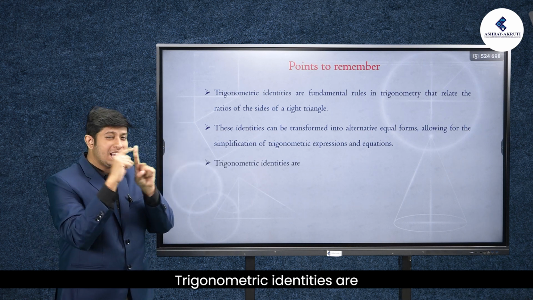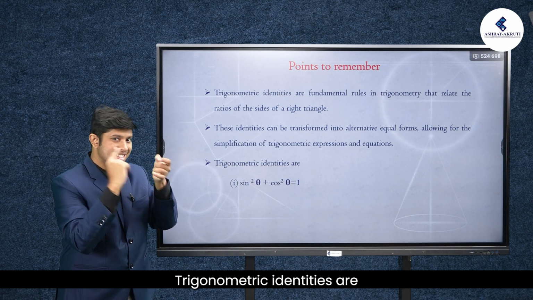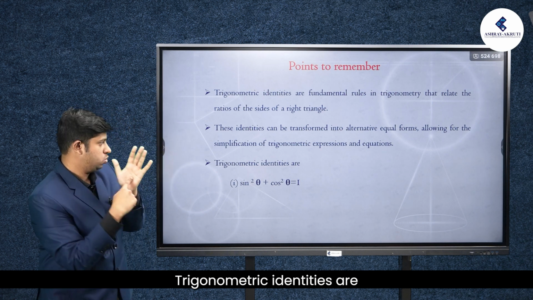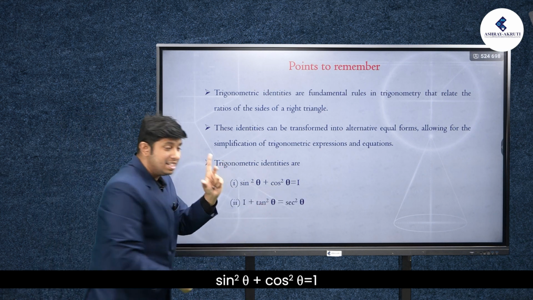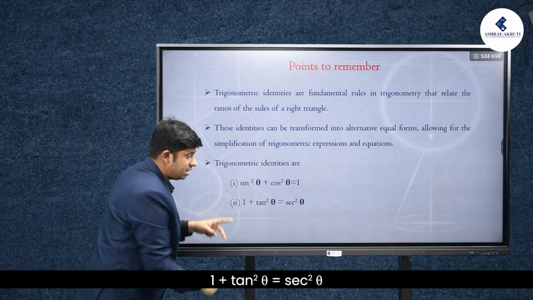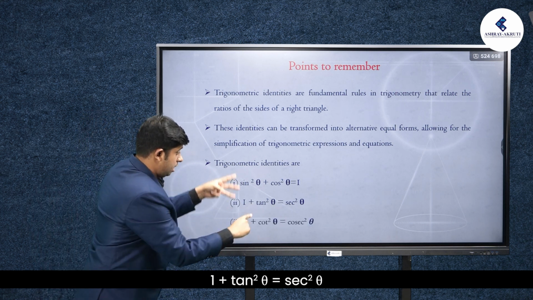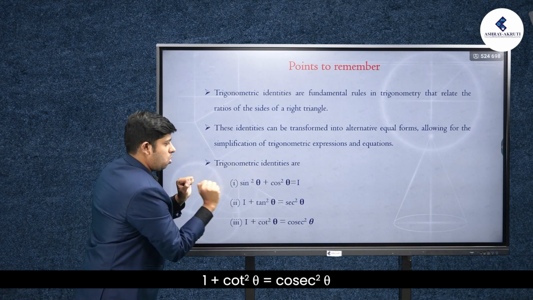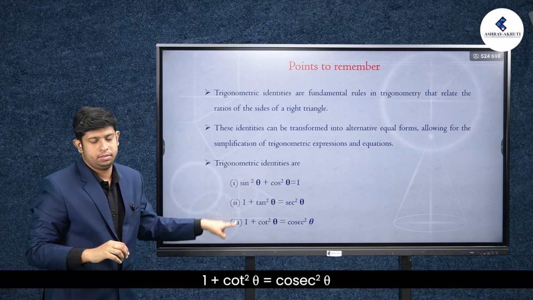Trigonometric identities are sin square theta plus cos square theta is equal to 1. 1 plus tan square theta is equal to secant square theta. 1 plus cot square theta is equal to cosecant square theta.